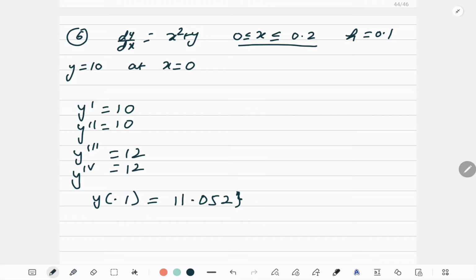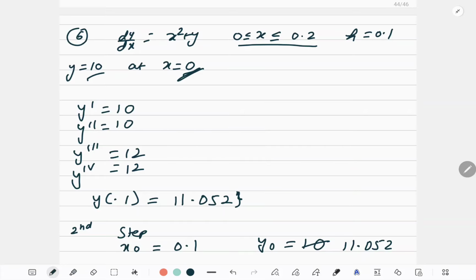You did one step. Now you start the second step, and the second step you will define by the same process, but now in place of x0, instead of taking 0, you should take 0.1. Your y0 is not 10; 10 is your y0 in the beginning. Now your y0 is what? 11.052. So it will become a new question.